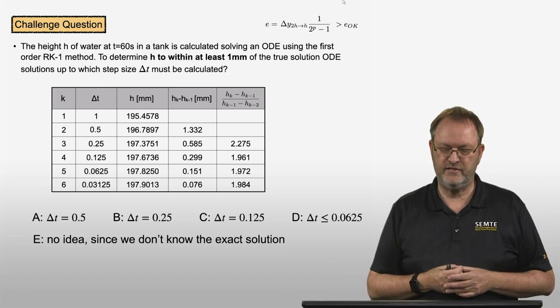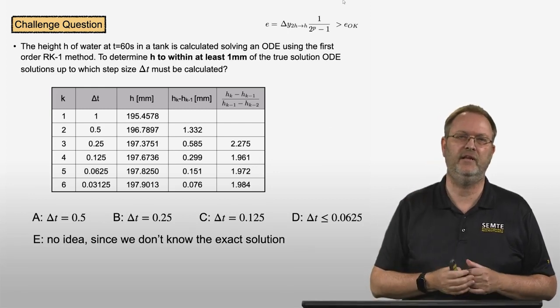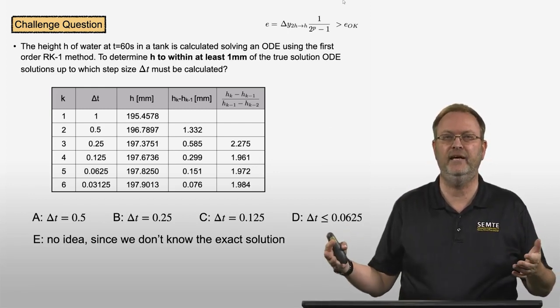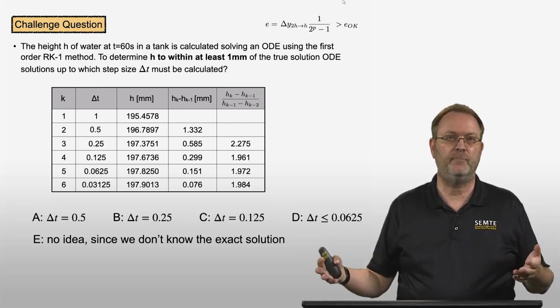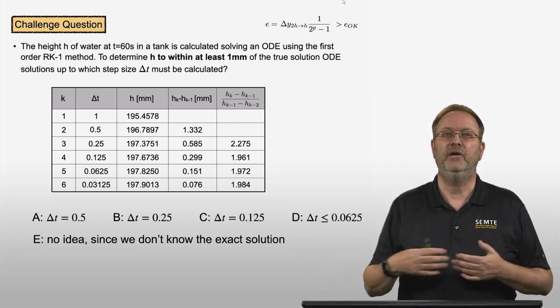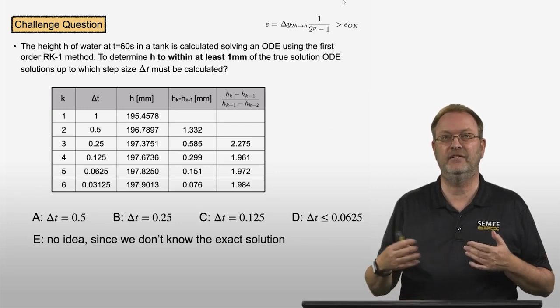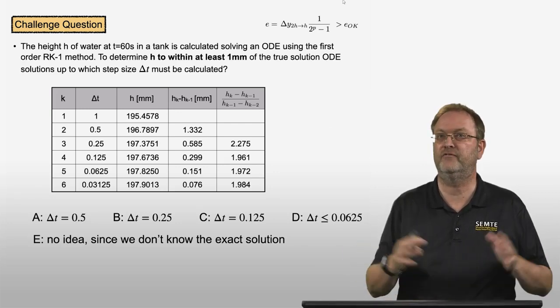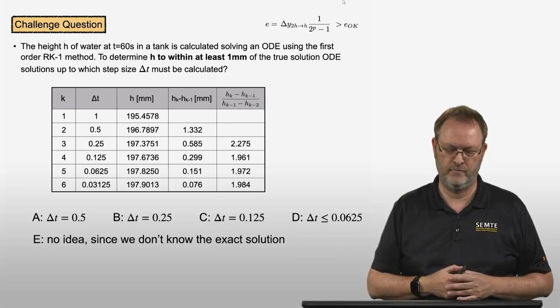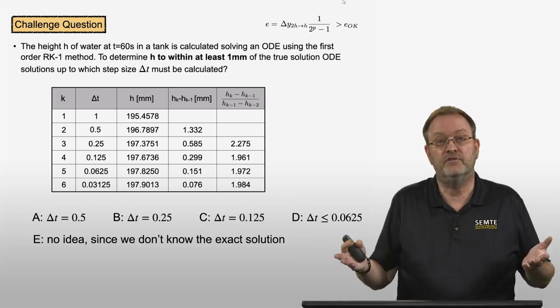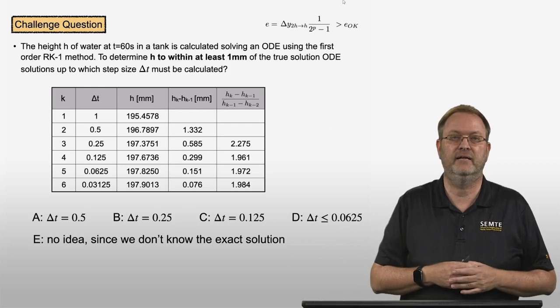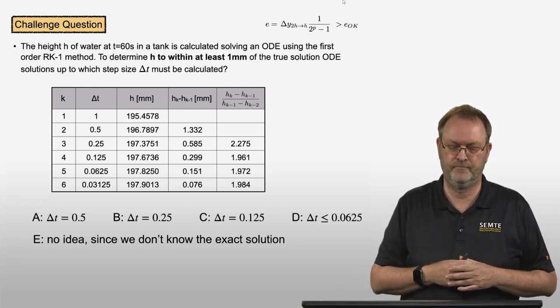So the question is, if we look at this data table, at what delta t could we have stopped the while loop, because the answer that we then obtain is within at least 1 millimeter of the unknown true solution?